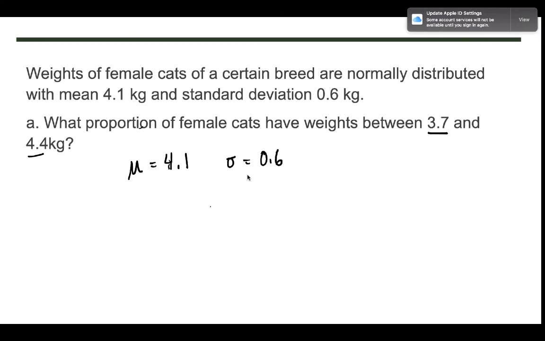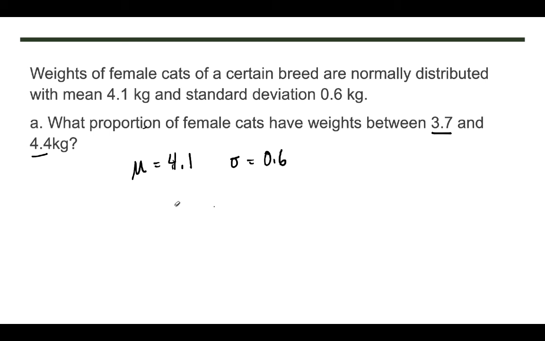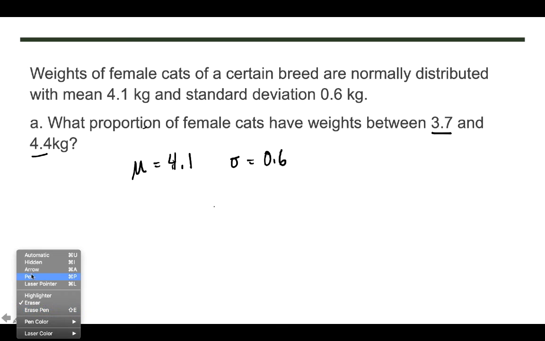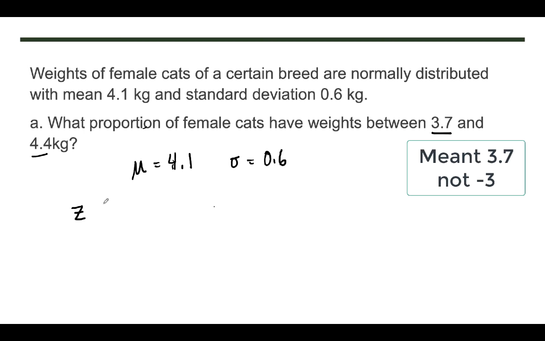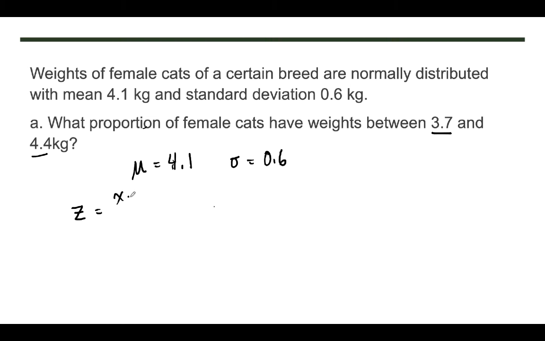Okay, so let's go back to the original problem. I've cleaned it out because we're going to do it now using z-scores. So the first thing we'd want to do is find the z-score for 3.7 and 4.4. So let's do that. We're going to use this little formula here, x minus the mean over the standard deviation.